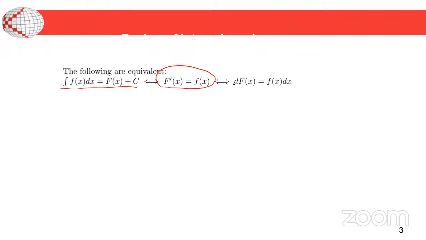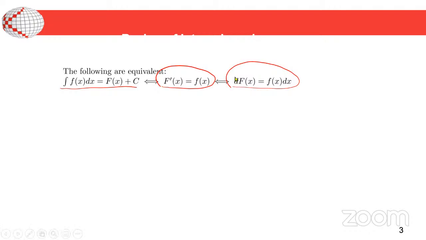Or you can write that the differential of the capital F is the product of its derivative, which is little f, and the dx. Okay, these three are exactly the same, in terms of what they mean.